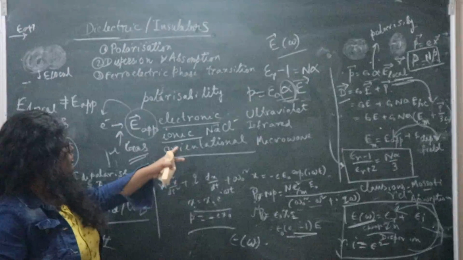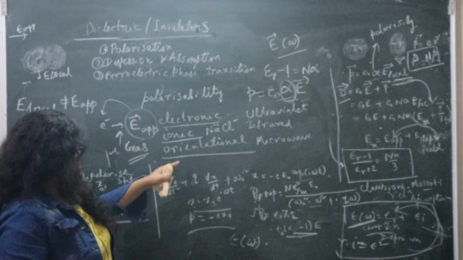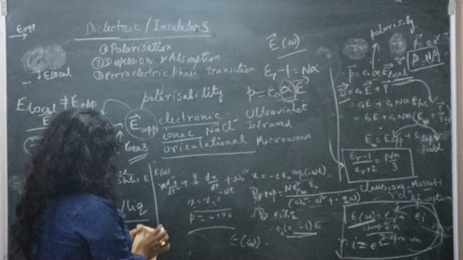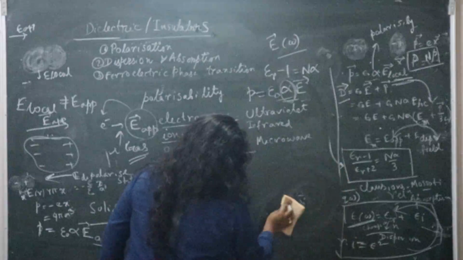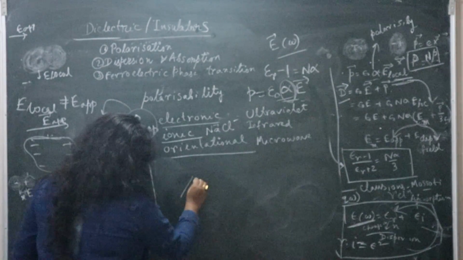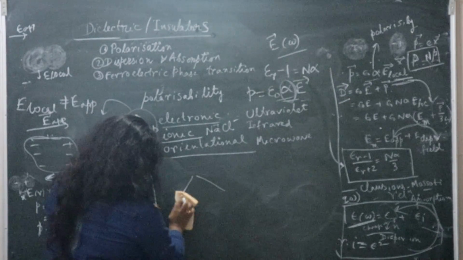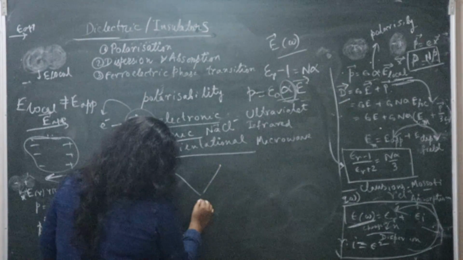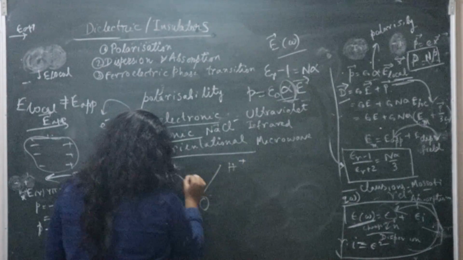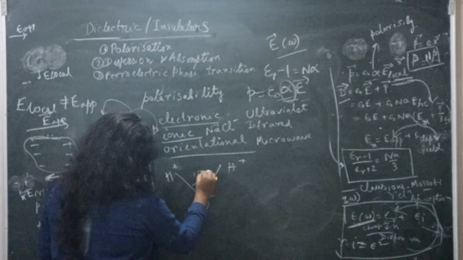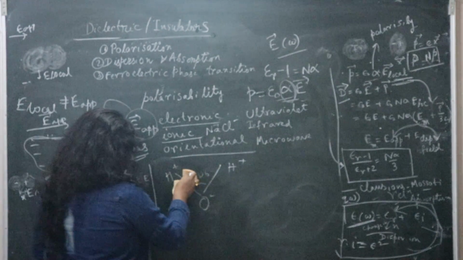And what happens in the case of orientational polarizability? Suppose we take a polar molecule like H2O. Here this is the H, this is O, this is H, and the angle is nearly 106 degrees or so.